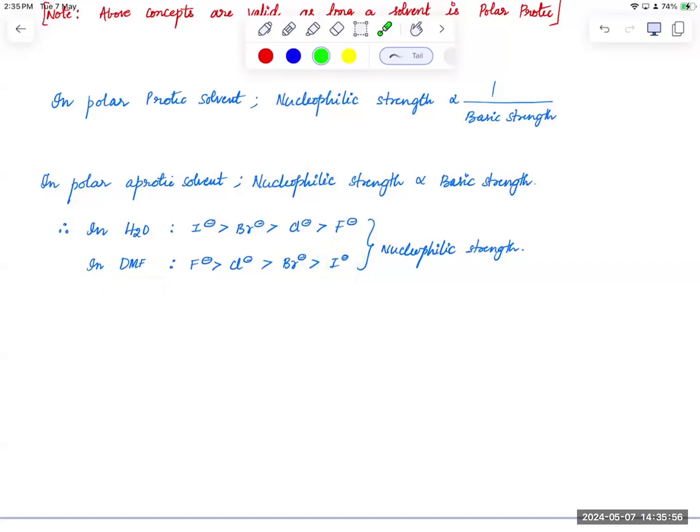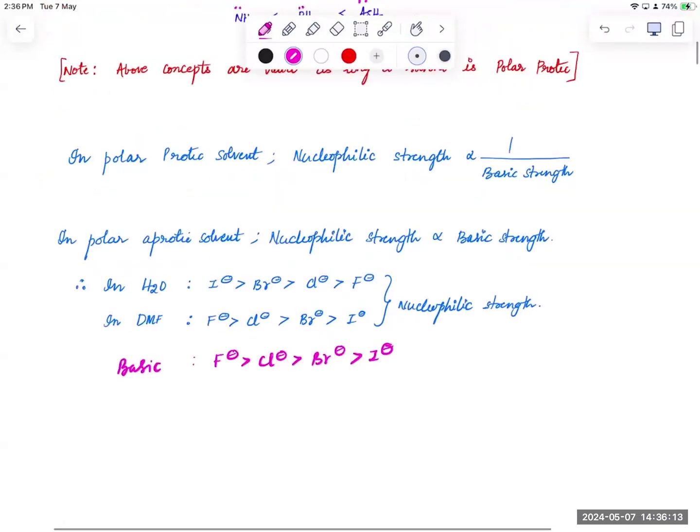DMF is a polar aprotic solvent. So F minus will be the strong base. Even if you notice the basic character, it is independent of solvent: fluorine is always greater than chlorine, then bromine, then iodine, isn't it? So this is about polar aprotic solvent.